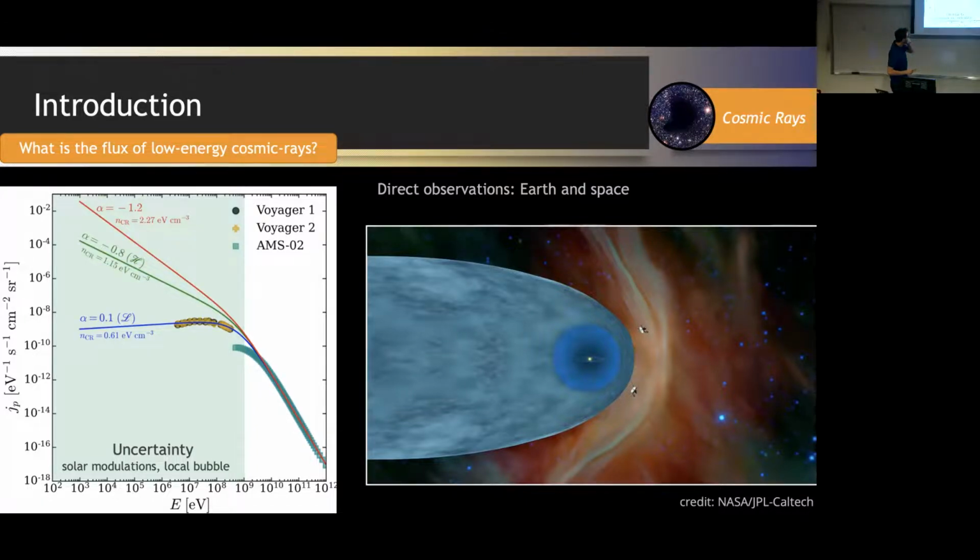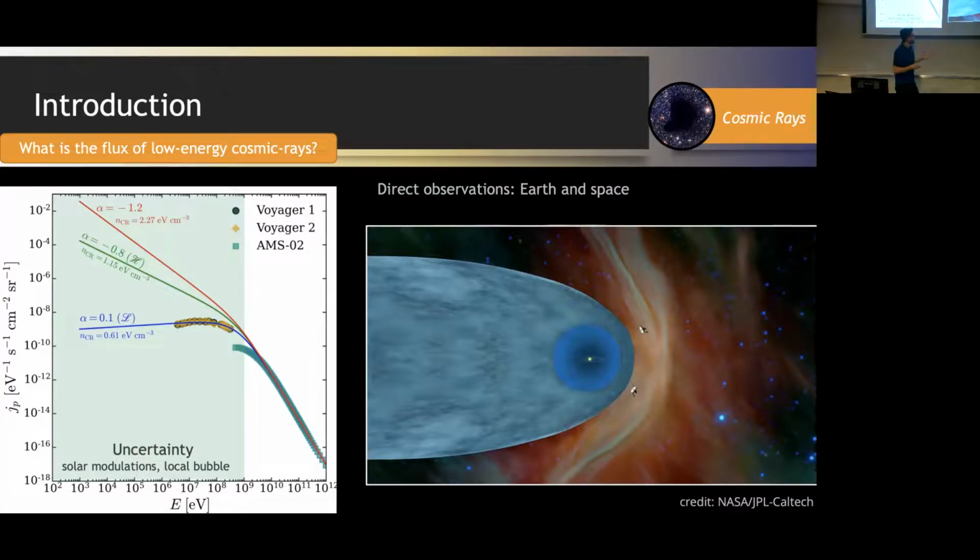So here, for example, is a plot of the spectrum, or the flux, of cosmic rays as a function of the energy of the cosmic ray nucleon. These are observations from the space station, and these are observations from Voyager, which actually left the solar system quite recently. But still, we think that Voyager is still influenced by the local environment.